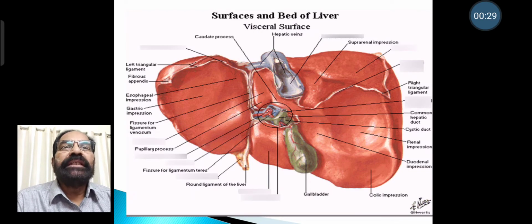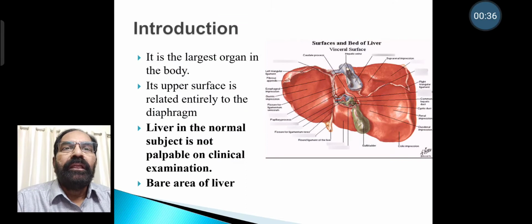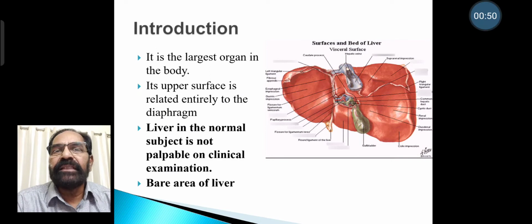The picture showing the liver visceral surface. So liver is a large organ in the body. Its upper surface is related entirely to the diaphragm. Liver in the normal subject is not palpable on clinical examination.